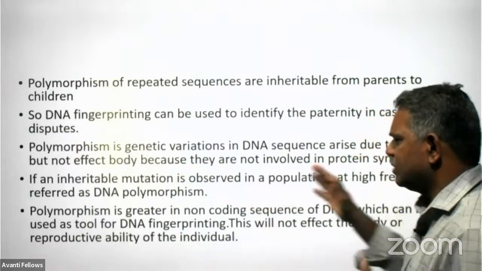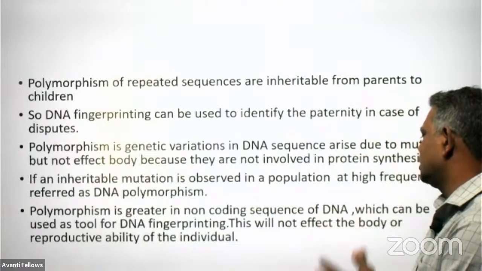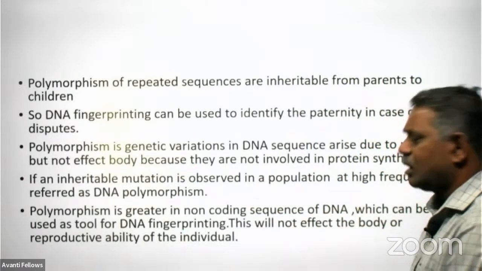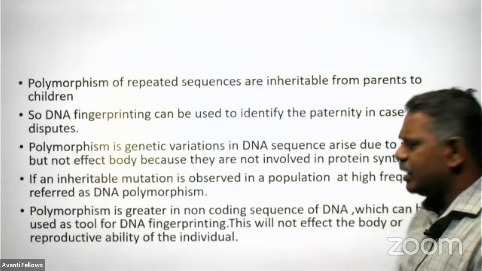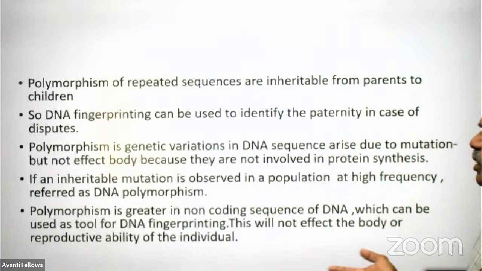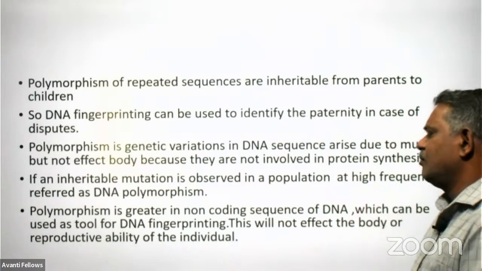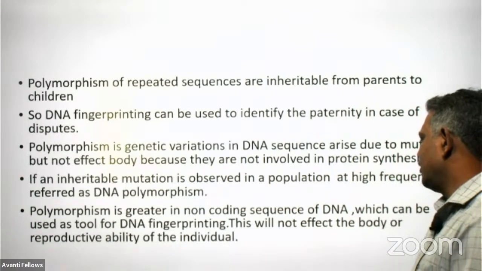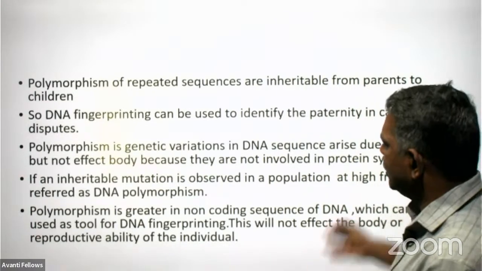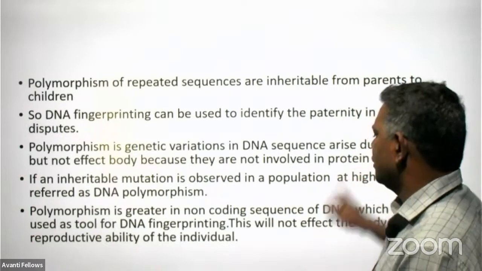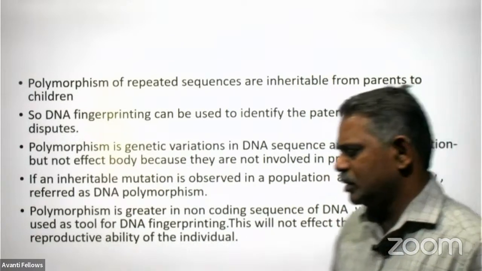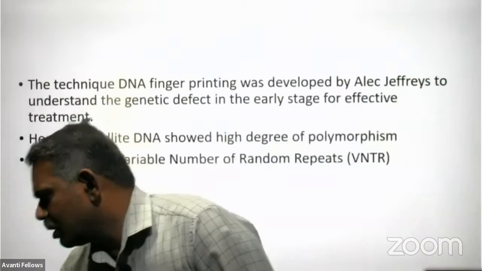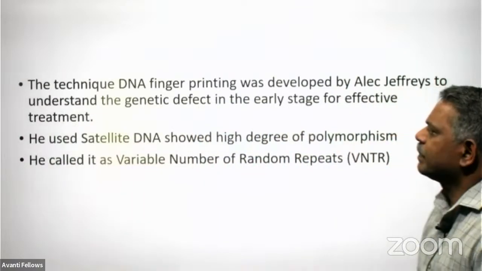And polymorphism is greater in non-coding sequences of DNA. Non-coding sequences are not coding for any kind of protein, and can be used as a tool for DNA fingerprinting. This will not affect the body or reproductive ability of the individual, because these are all non-coding sequences only.